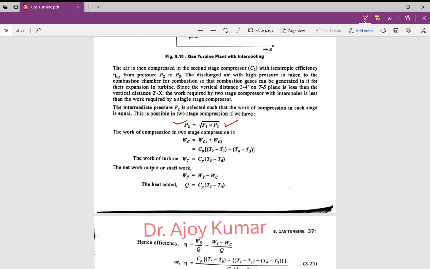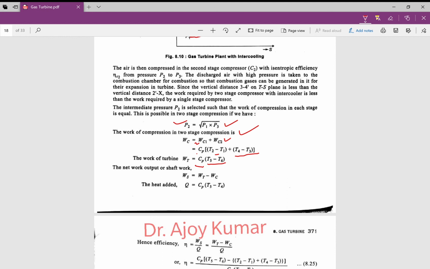Then work of compression in the two-stage compressor, that is the first compressor and second compressor summation. So for unit mass of air, we can write Cp (T2 minus T1) plus (T4 minus T3). And for turbine work, we have already seen the expansion process taking place in process 5-6, so written as T5 minus T6.